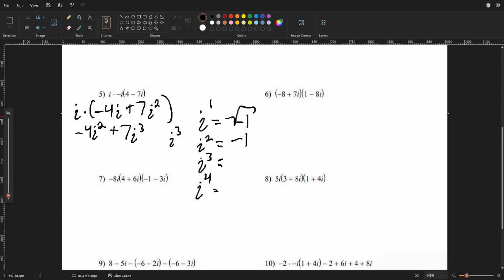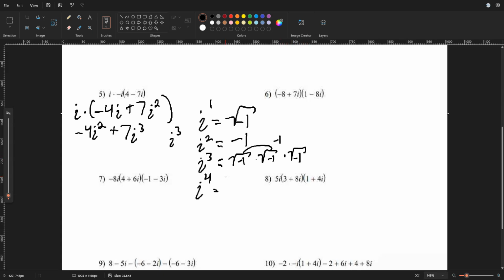But if you multiply i cubed, so we have square root of negative 1 times the square root of negative 1 times the square root of negative 1. We're going to be left with negative 1 times the square root of negative 1.